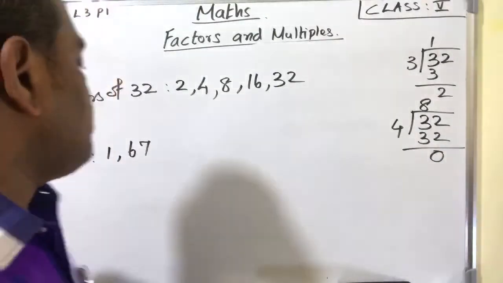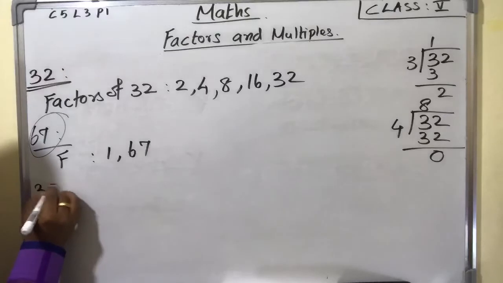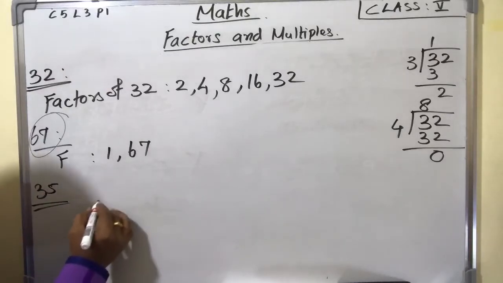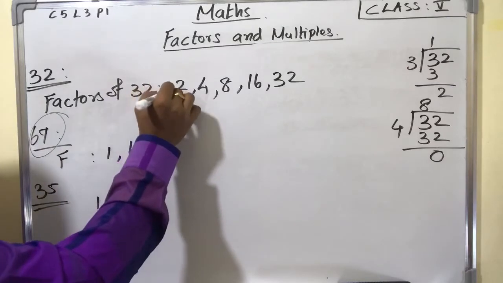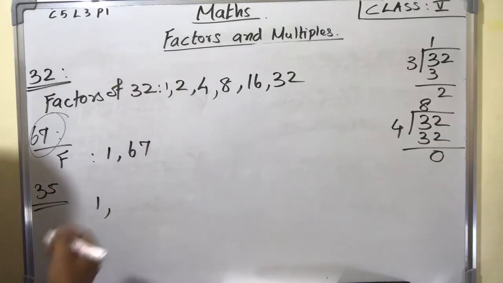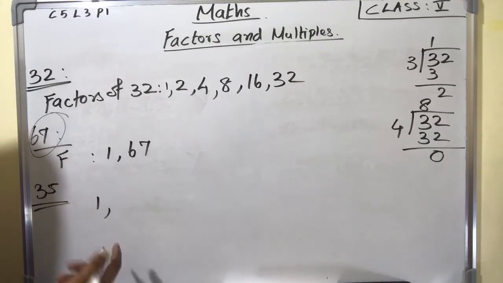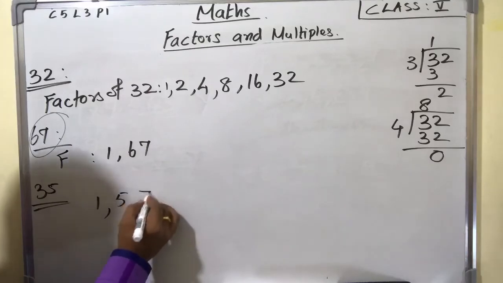Next, 35. What are the factors of 35? 1. Here also we will write 1, no problem. 2 will not divide, 3 will not divide, 4 no, 5 will divide, 7 5s are 35. 6 no, then 7 will divide.